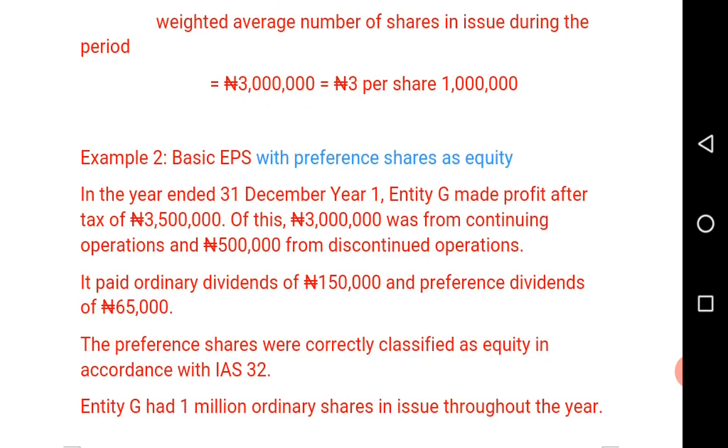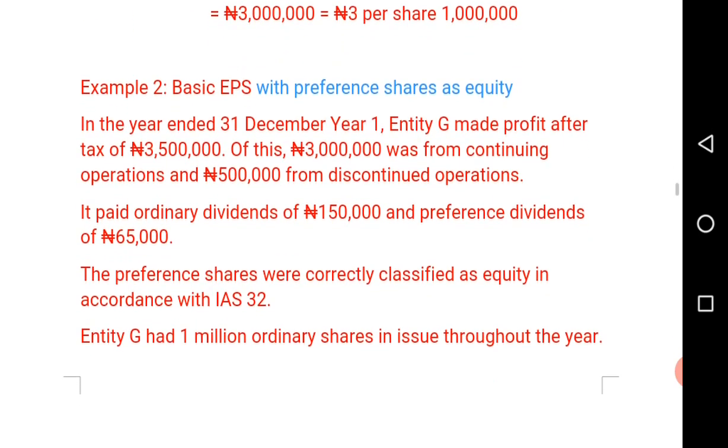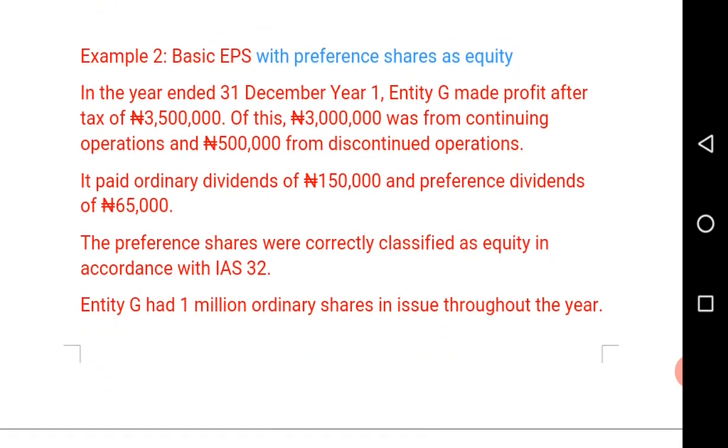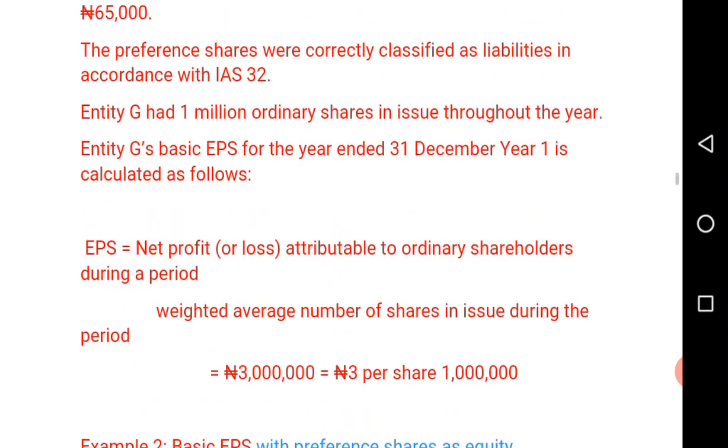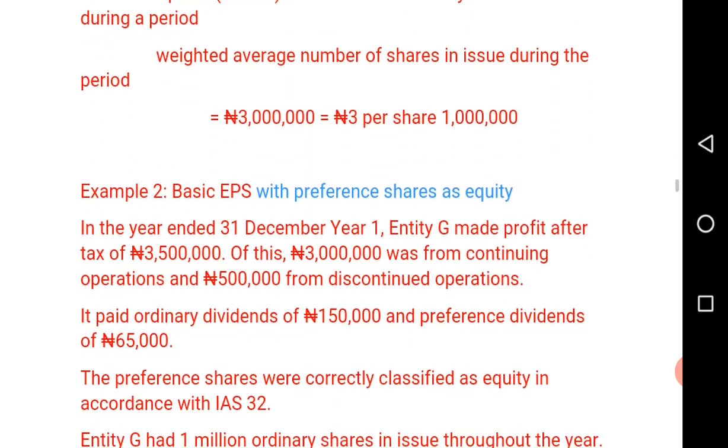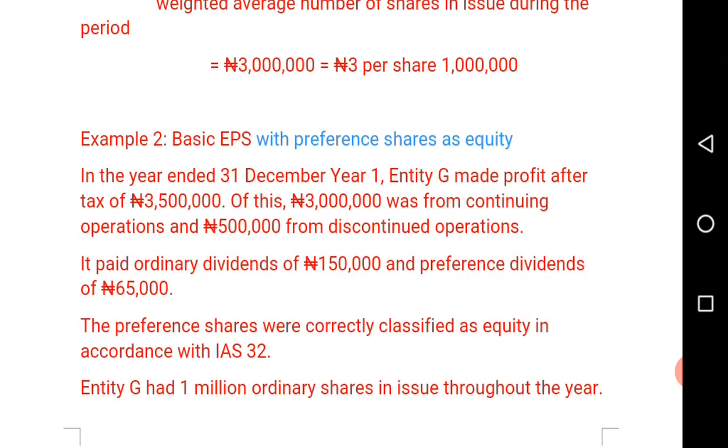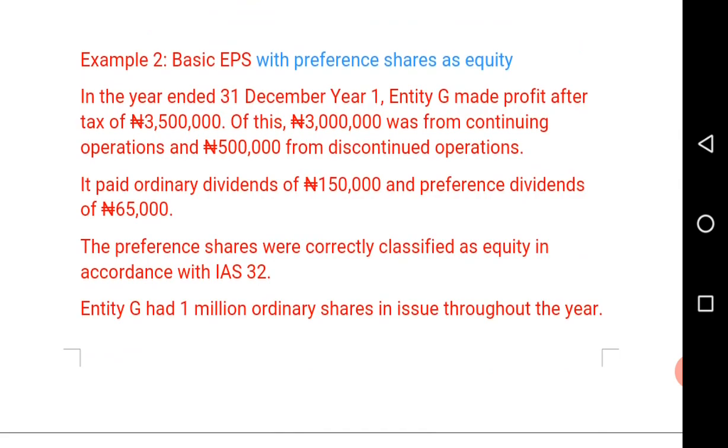Now the preference shares were correctly classified as equity. This is the difference between example 1 and example 2. This is an equity while the former was a liability. It says the preference shares were correctly classified as equity in accordance with IAS 32.